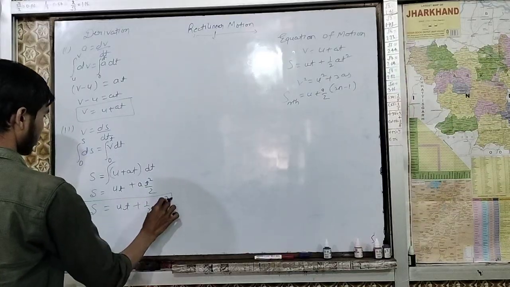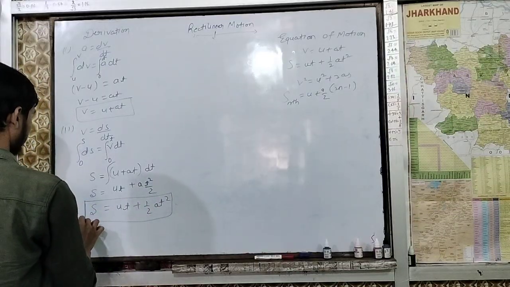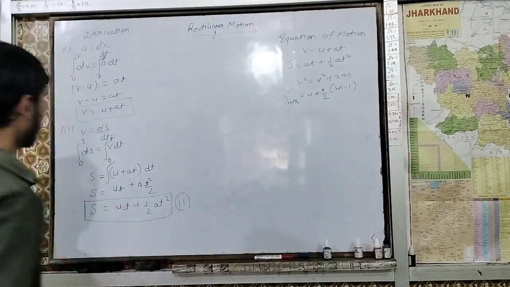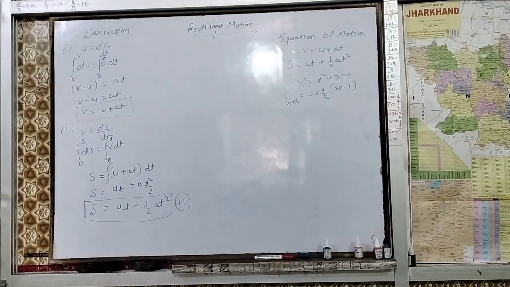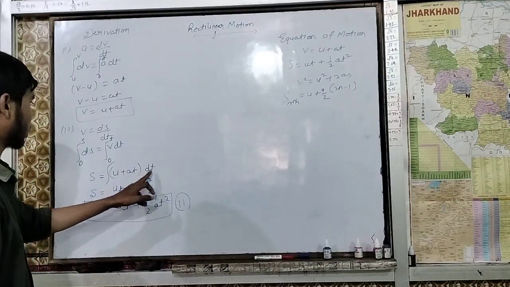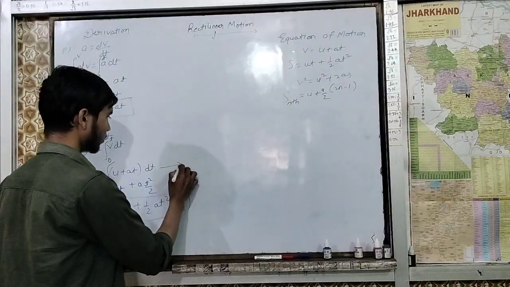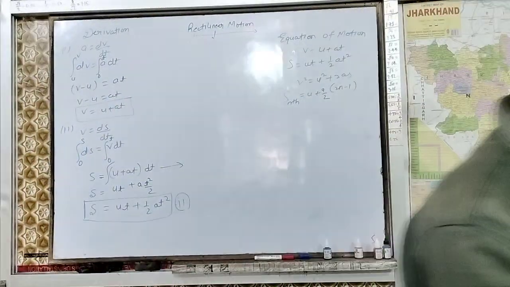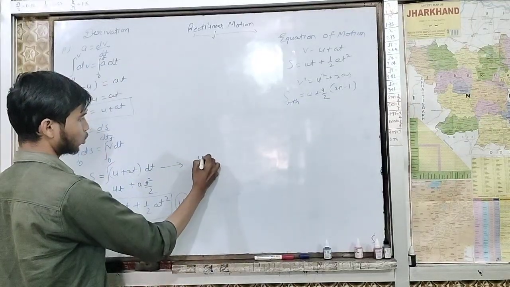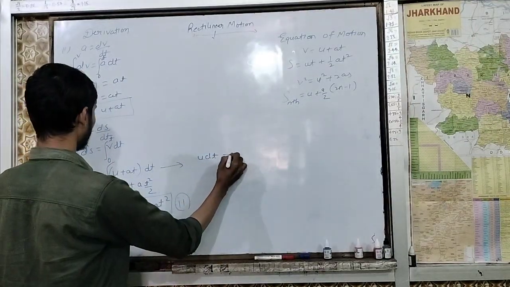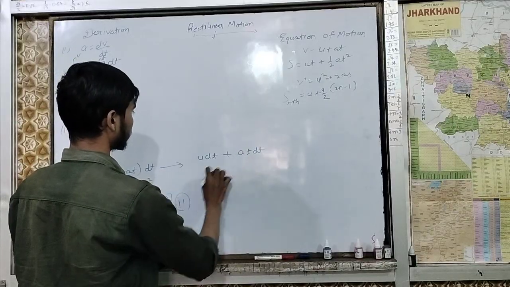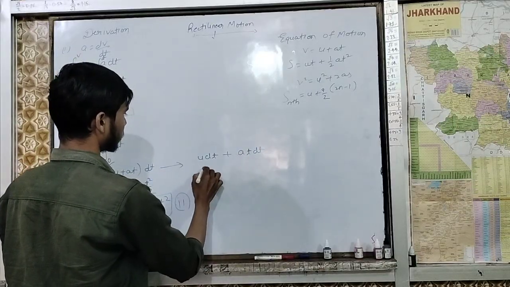See, we have brought the second equation of motion. Here I took one more step, so this is becoming u dt plus at dt.